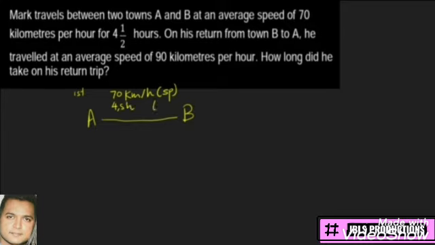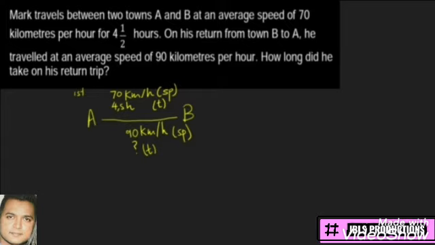This is our time. Now we come to the return trip. The return trip is from B to A. We have 90 kilometers per hour. This is our speed. And we have how long did he take. So our time is what they want to know.